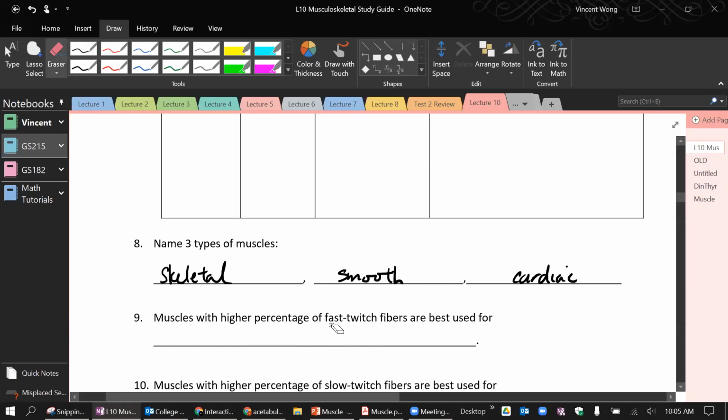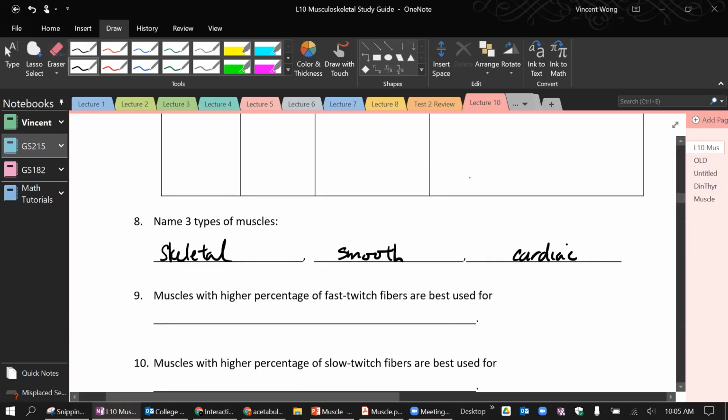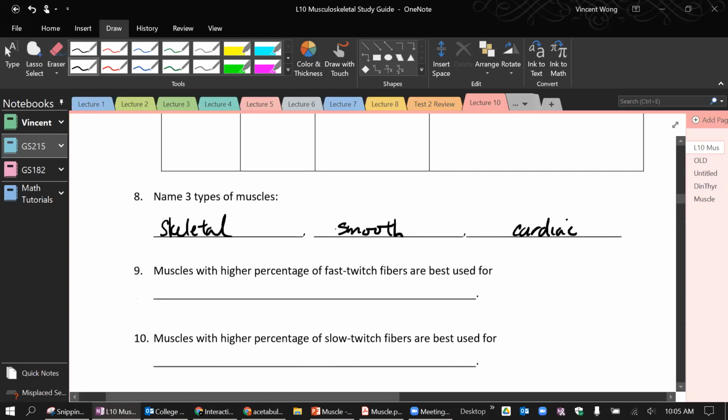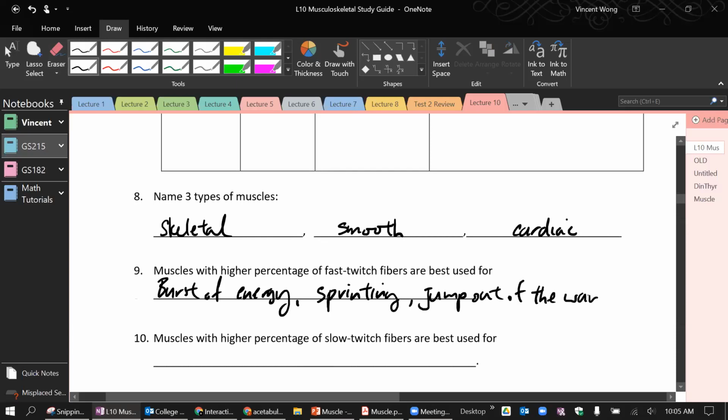Muscle with a higher percentage of fast twitch fibers is best used for, okay, fast twitch are good for bursts of energy. So sprinting, jumping out of the way of danger.